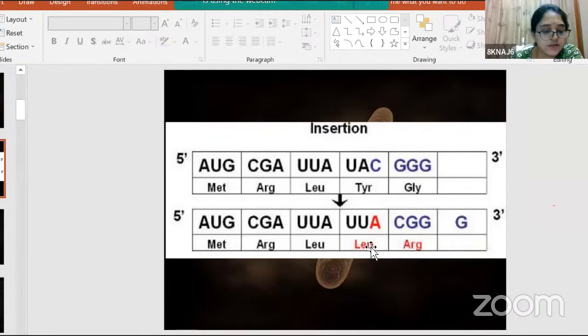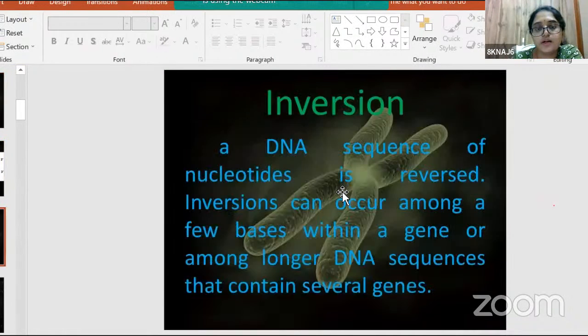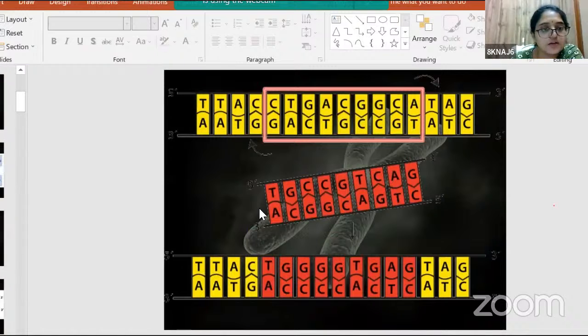So there's an insertion, because of which you are getting a leucine and arginine instead of only tyrosine and glycine. So this again causes issues. Or deletions can occur, because of which the sequences change. Do we have a deletion over here? I'm trying to see if there is any deletion.